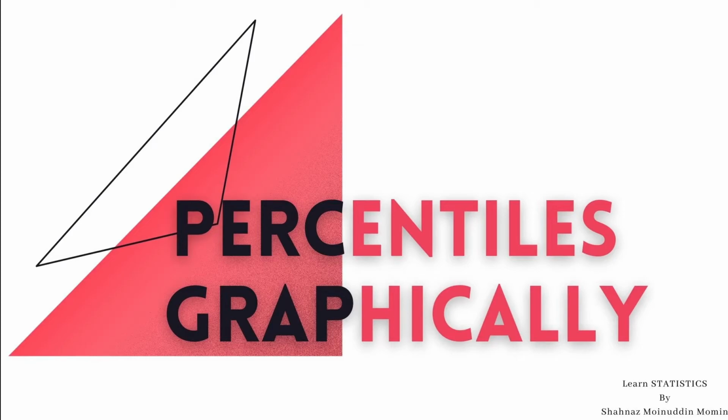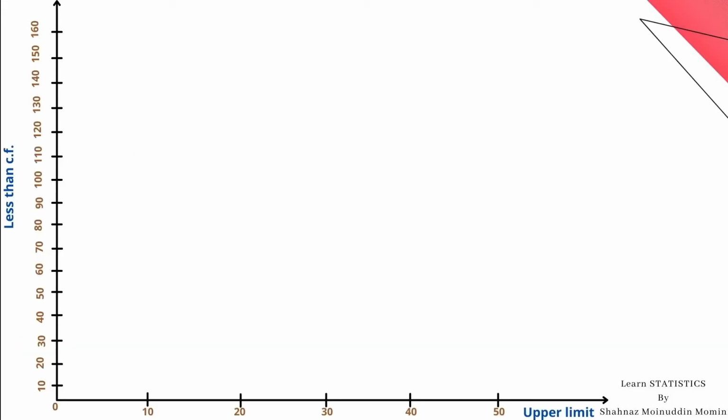In this lecture, we will obtain percentiles by using the graphical method. So let us start to obtain the percentiles graphically. To obtain the percentiles graphically, we plot the ogive curves or cumulative frequency curves.